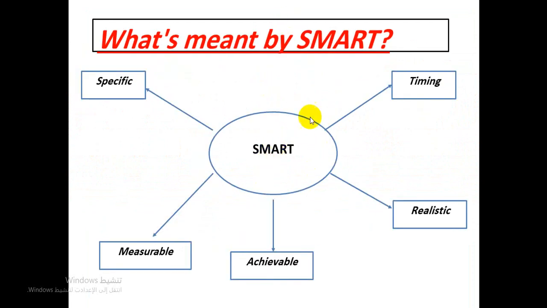SMART means specific, timing, realistic, achievable, measurable. These are the characteristics of behavioral or learning objectives.